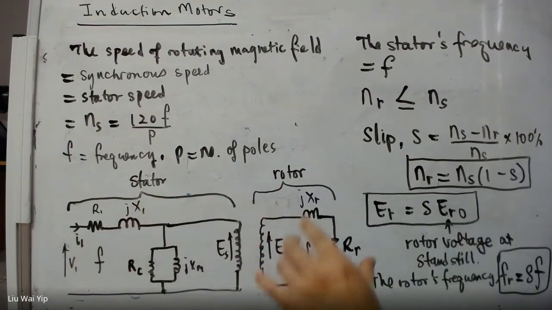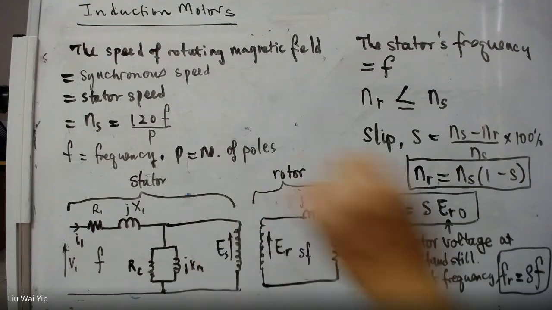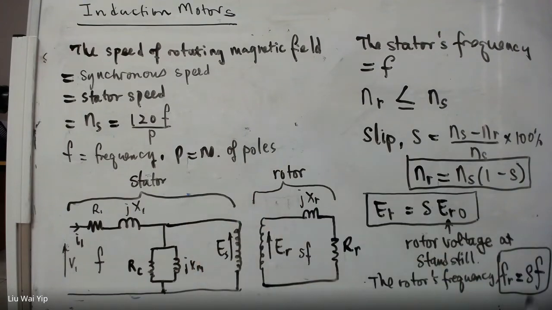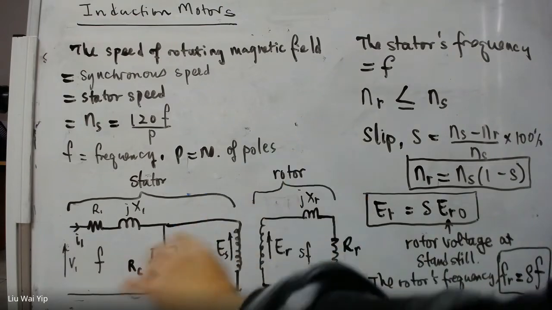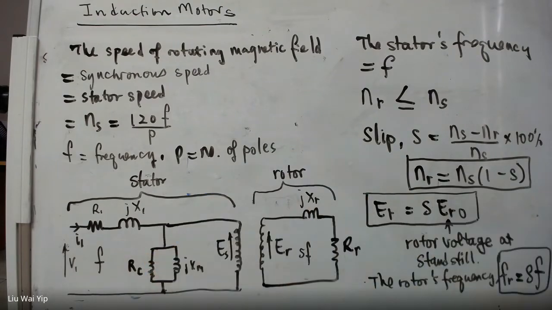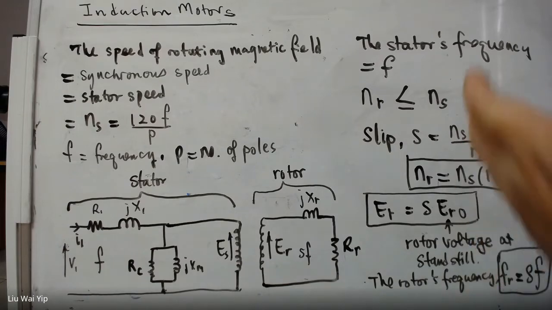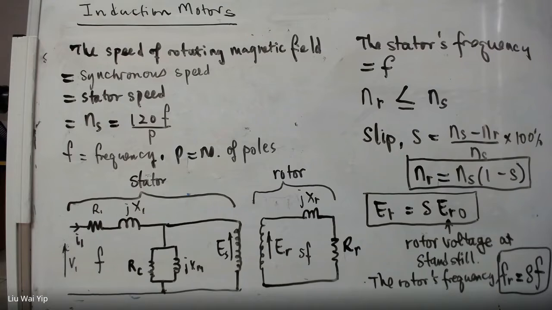These two pieces are not running at the same frequency. So if they are not at the same frequency, it is impossible to model them as a transformer. In a transformer, the primary and the secondary are both at the same frequency. So what we need to do is some treatment.